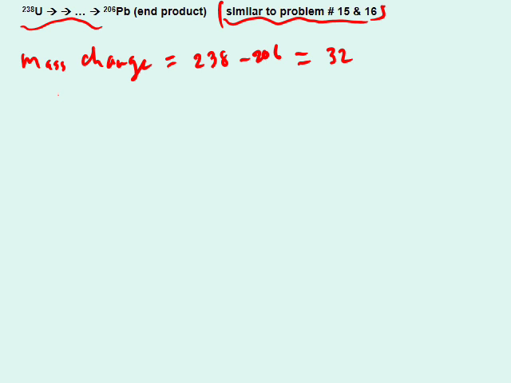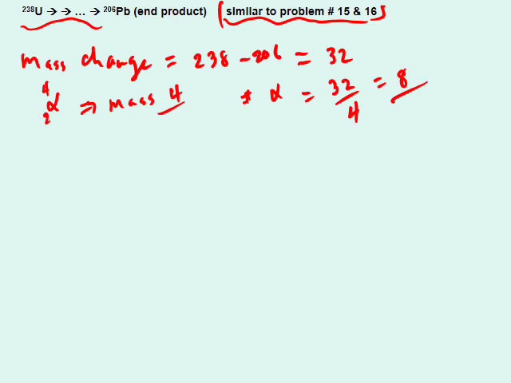Each alpha particle, just to remind you, is 2, 4. It has mass 4. The number of alpha that would come out is 32 divided by 4. So there'd be 8 alpha particles. You can always double check: 8 alpha times 4 is 32, and that's the mass change that had happened. So 8 alpha particles will be coming out of uranium-238 before it changes to lead-206.